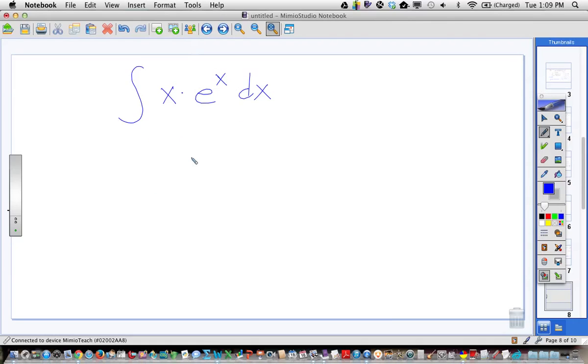I think I put one like this up here the other day. Can you do something like page 333? Well, no, you can't split this apart because of the multiplication. If this was plus, yeah, we could do the individual antiderivatives, but we can't do the antiderivative of this, then the antiderivative of that. That doesn't work.